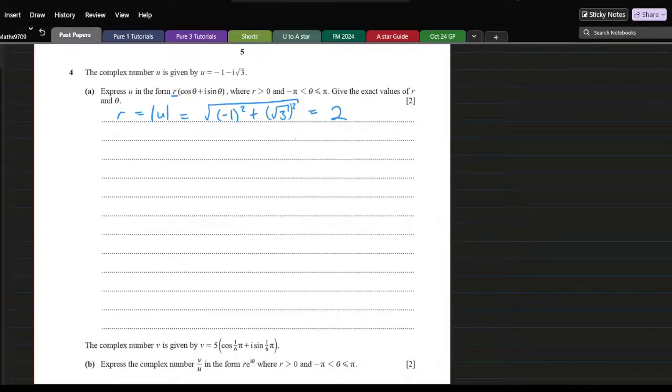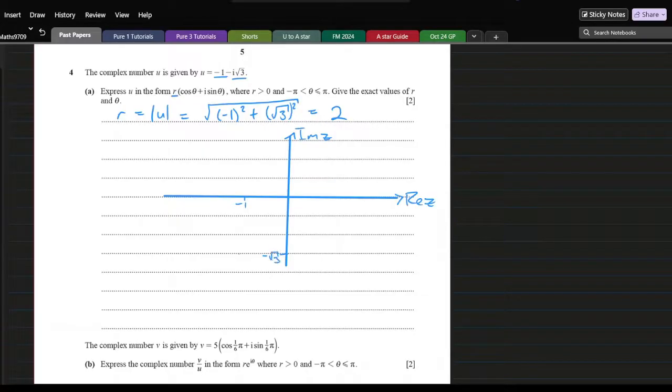So let's sketch a diagram of our problem. We'd have our imaginary axis, and then let's draw a real axis, our real axis, and then we've got -1 on the real axis, so let's put our -1 somewhere here, and then we've got -√3 on the imaginary axis, so let's put -√3 somewhere here.